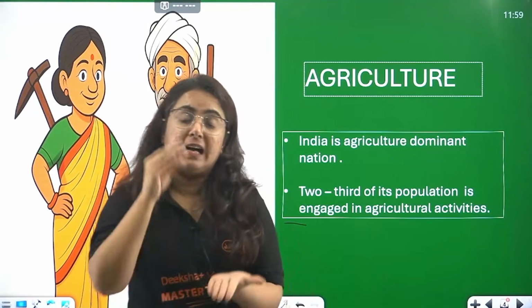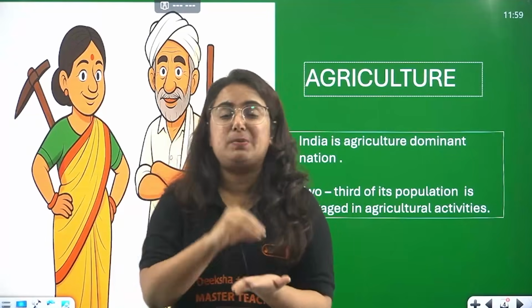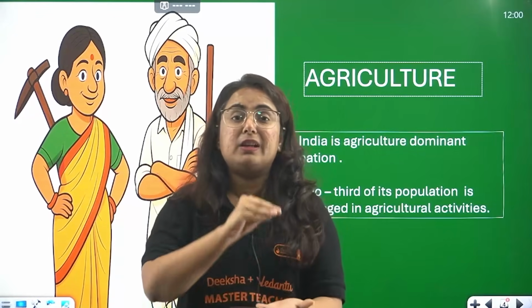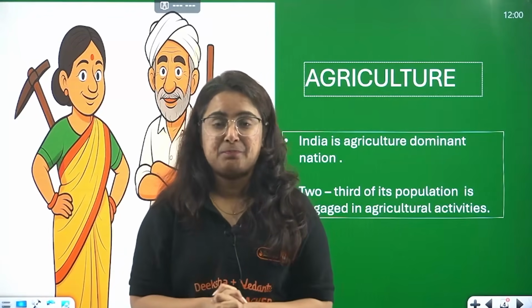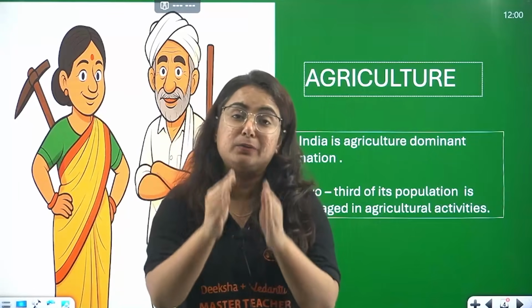But you know that this sector, even though its GDP share has declined, still is the sector that is dominant in terms of what, beta, employment, right? 70% of Indian people are still employed in which sector?